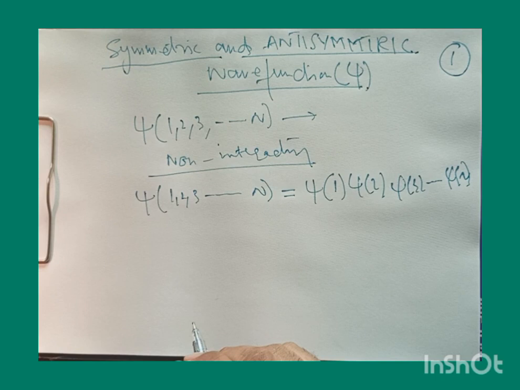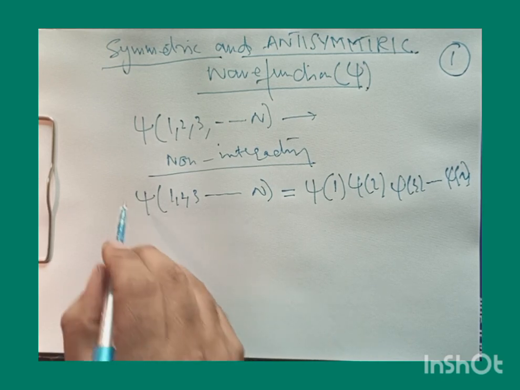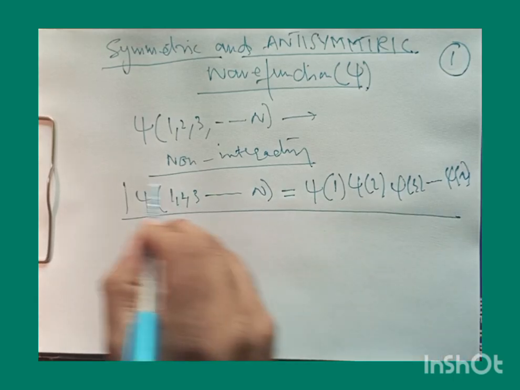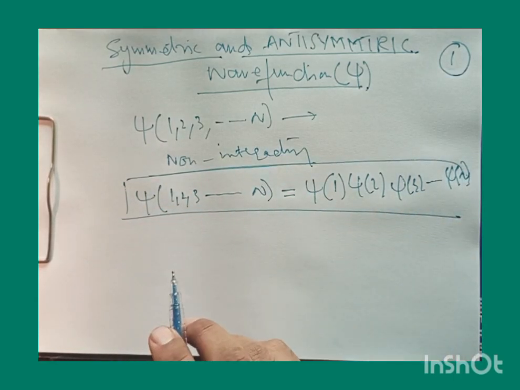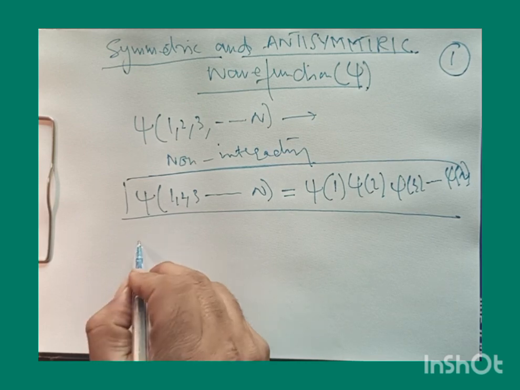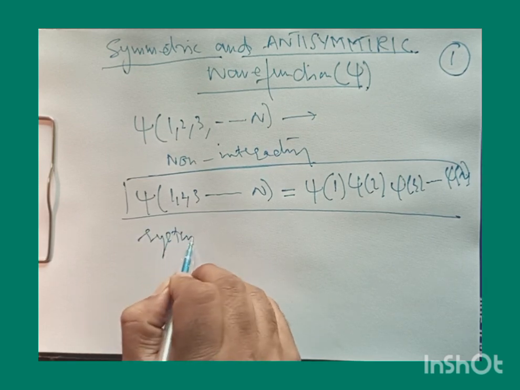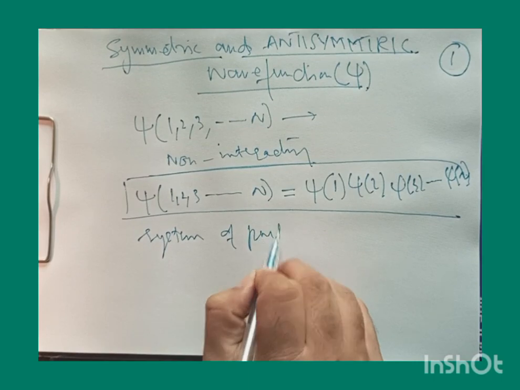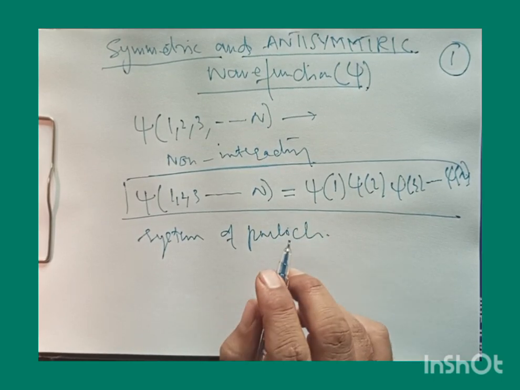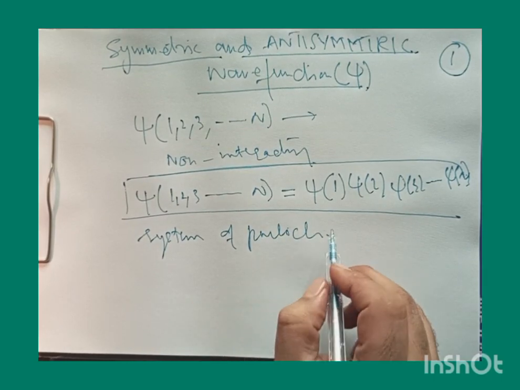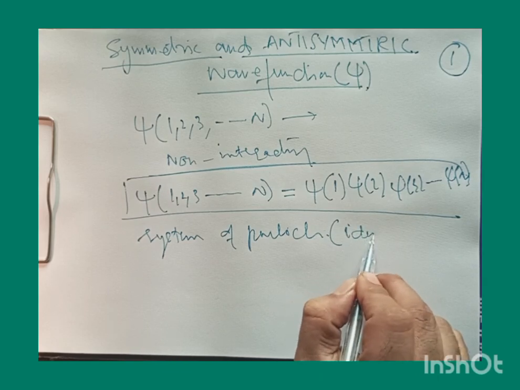Now let us see what kind of wave function can be used to describe this kind of situation. Let us assume that we have a system of two particles, and these particles are identical.